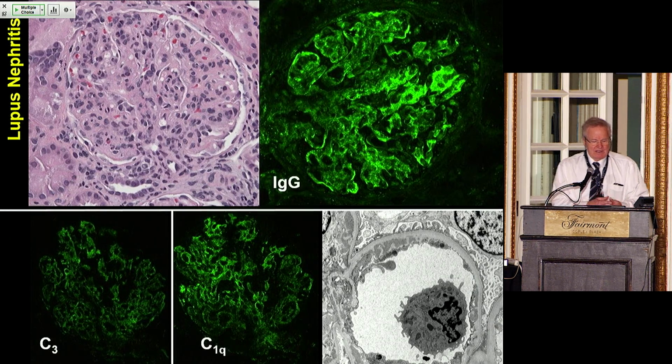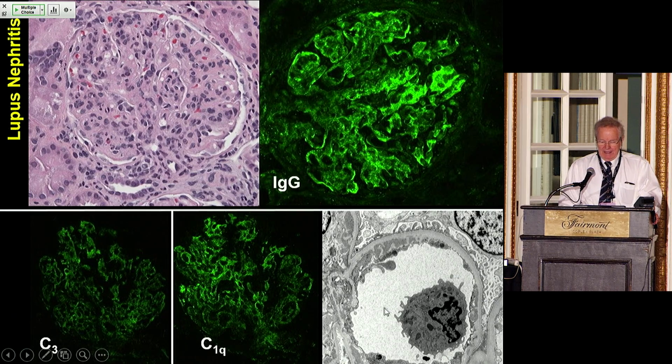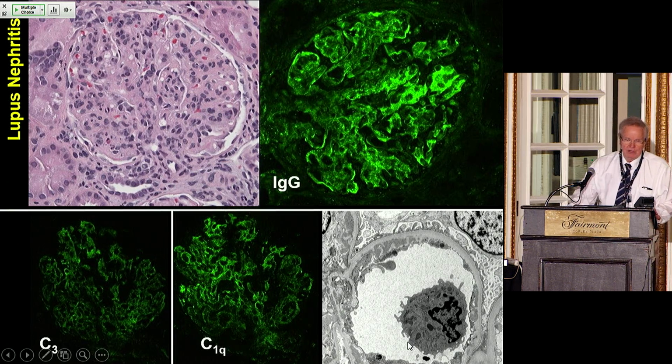Obviously, other diseases are more classic. This is a diffuse lupus nephritis. And again, I have to emphasize IgG, C3, C1q, classic activation of complement, the first group of diseases that I mentioned to you. Subendothelial deposits are present in this patient with lupus. Here you see an inflammatory cell sitting right next to the endothelium, trying to remove those subendothelial immune complexes.